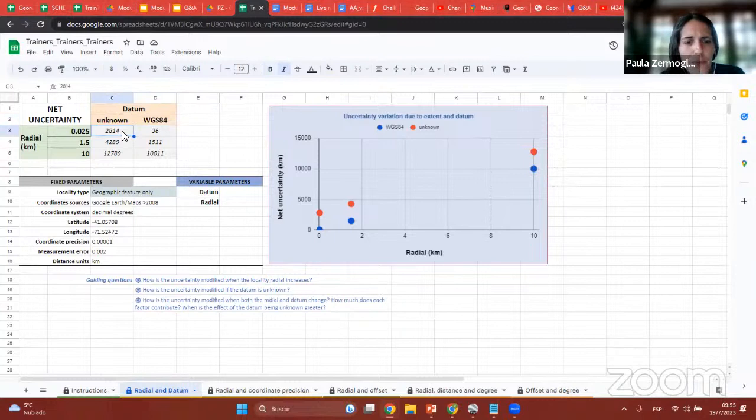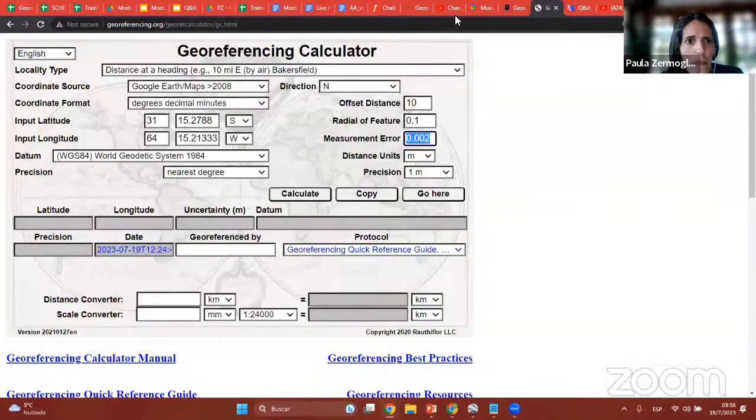So in here, I have put the values for each calculation. I'm going to show only one calculation, and the others are the same, but changing the values for what is in these rows and columns. So for the first one, we have to choose these fixed parameters. So we're going to go to the calculator and say that the locality type is geographic feature only.